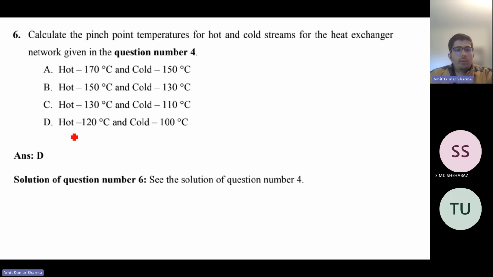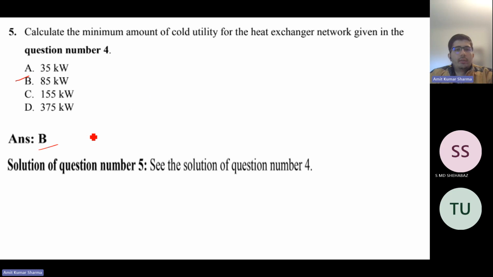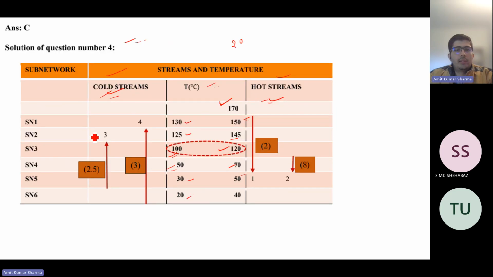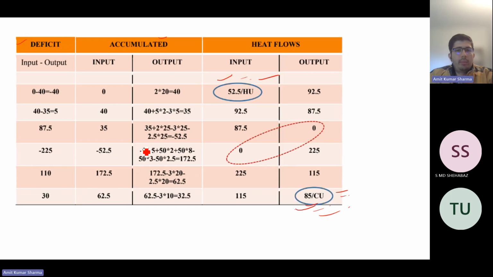So the hot will be 120 and the cold will be 100 degrees. We can see that from here. So these are your pinch point temperatures, 120 and 100.